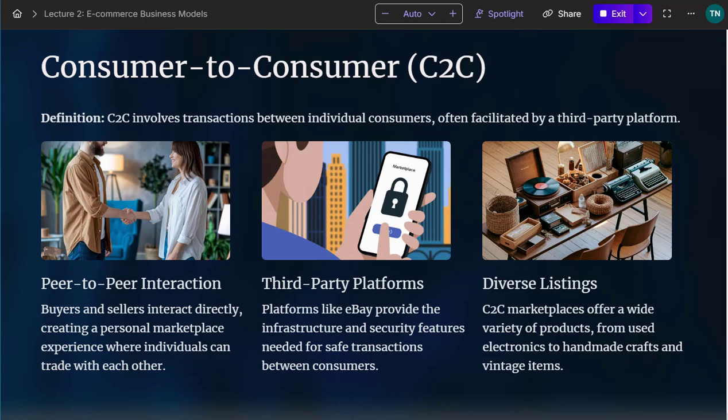These C2C platforms offer a diverse range of products, including used and handmade items that consumers can buy and sell. So for C2C, or consumer to consumer, we know that 3 key features are peer-to-peer interaction, third-party platforms, and diverse listings.